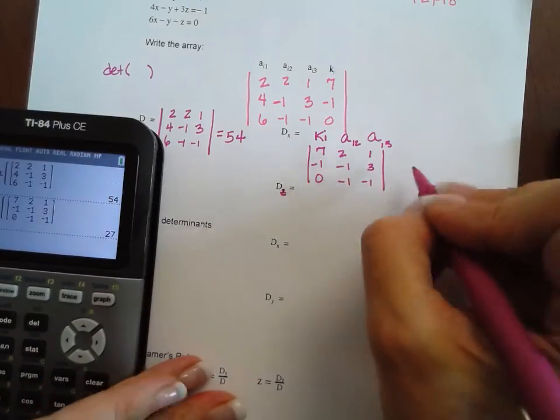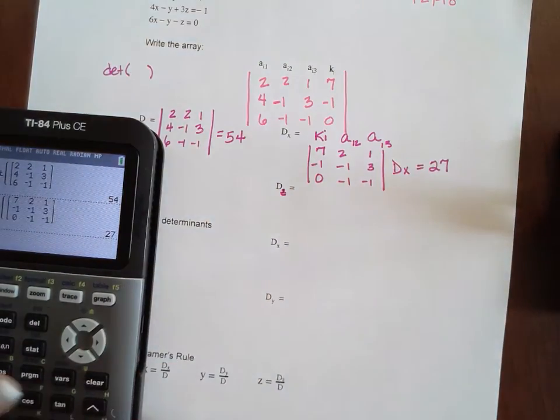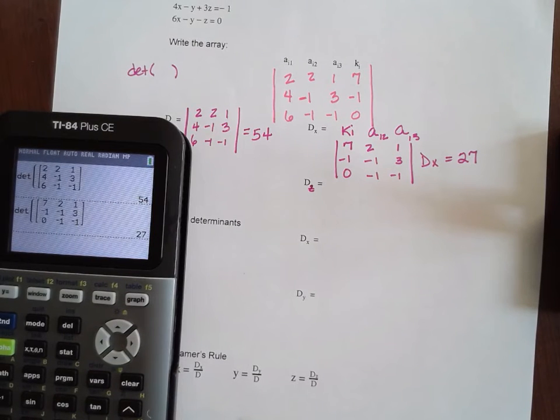And I get that my D of X is equal to 27. Good? Why didn't you tell us this before? Because you have to learn to do the math to appreciate and love your calculator.